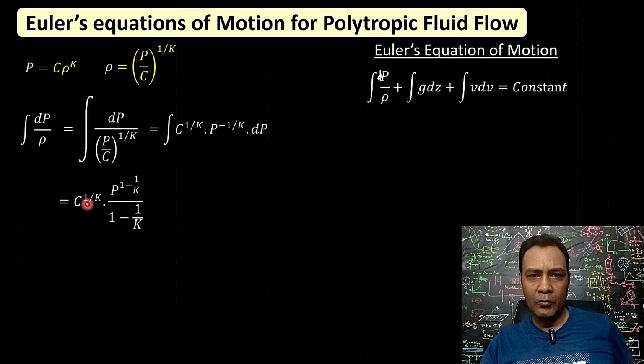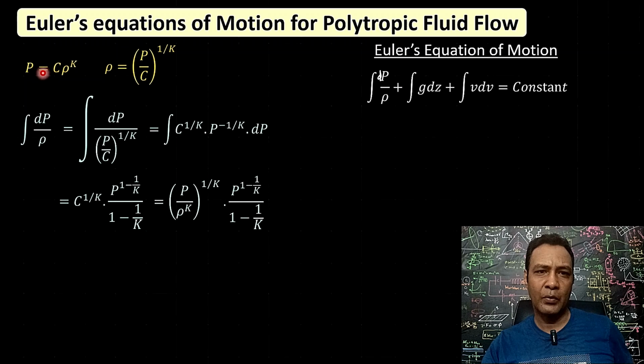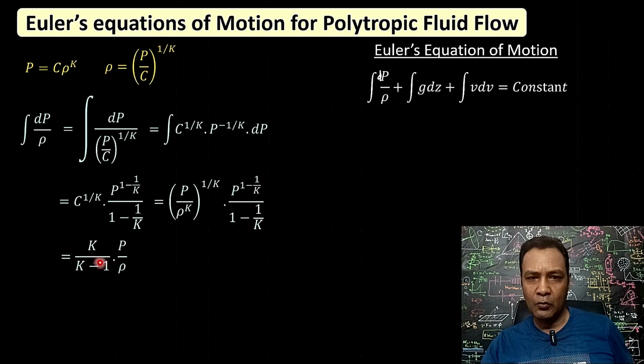And then I will put the value of C from here. C is P by rho power K. So putting the value of C, P upon rho power K, power 1 by K, and this is P power 1 minus 1 by K upon 1 minus 1 by K. That rho power K power 1 by K will be just rho, and P power 1 by K into P power 1 minus 1 by K will be P power 1 by K plus 1 minus 1 by K, that is just P. So simplifying, this will be K upon K minus 1, times P by rho.